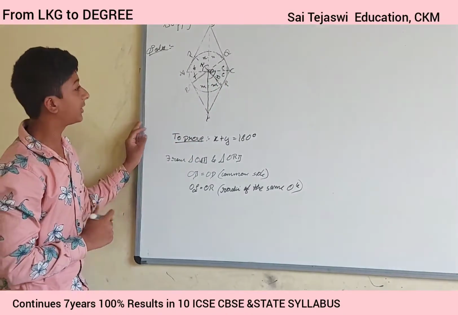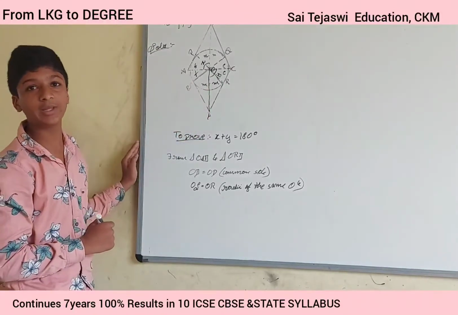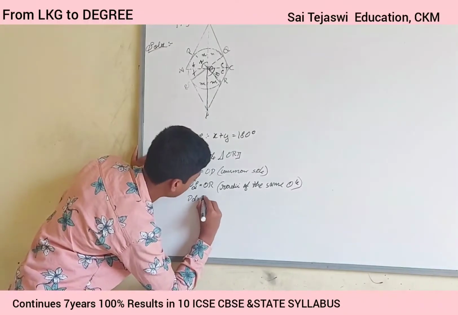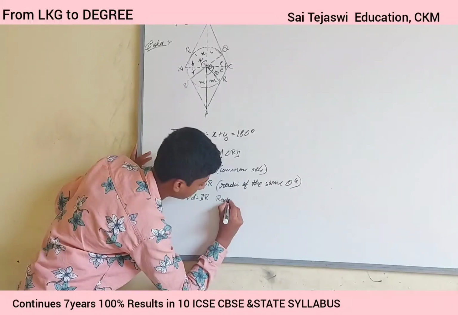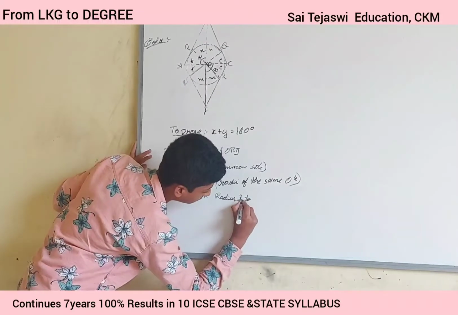In the circle chapter we have learned the theorem that tangents drawn from an external point are equal. So we take DS equals DR, and the radius is perpendicular to the tangent.